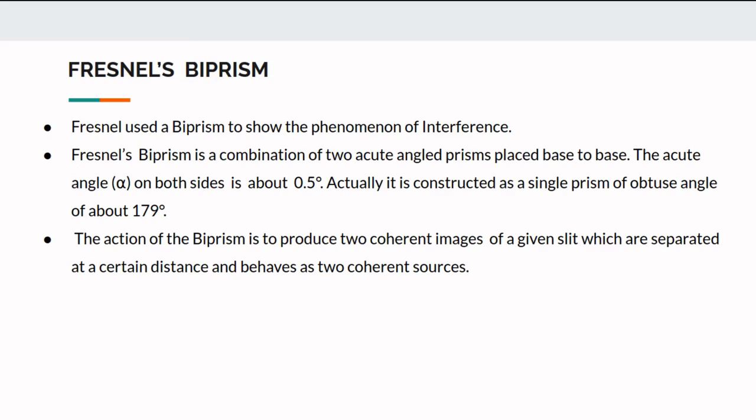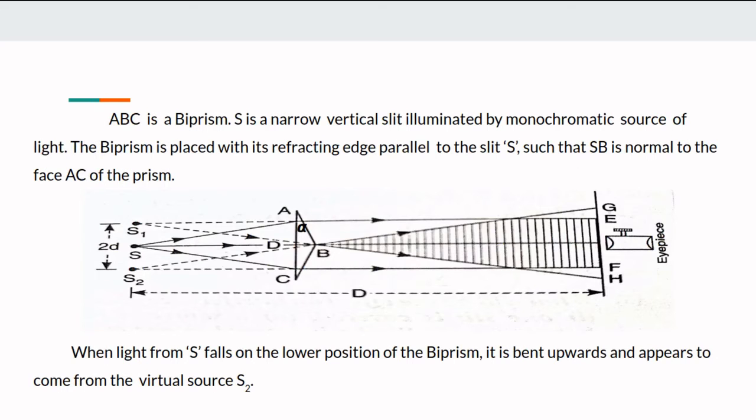The action of the biprism is to produce coherent images of a given slit which are separated by a certain distance, and these two images act as two coherent sources. We know that in case of interference, two coherent sources must be present, but we cannot produce the phenomenon of coherence using two individual sources.